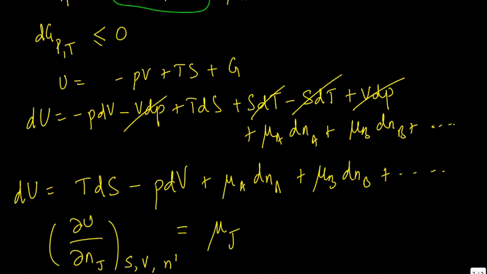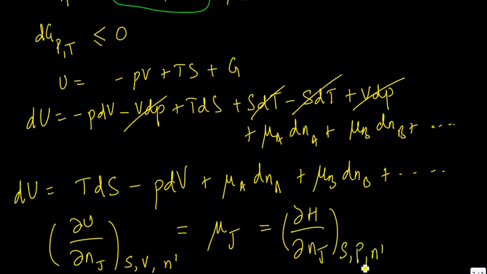Without deriving the others, I'll just write that this is also equal to del H by del Nj, and my conditions were, or del A by del Nj at T, V, N prime.